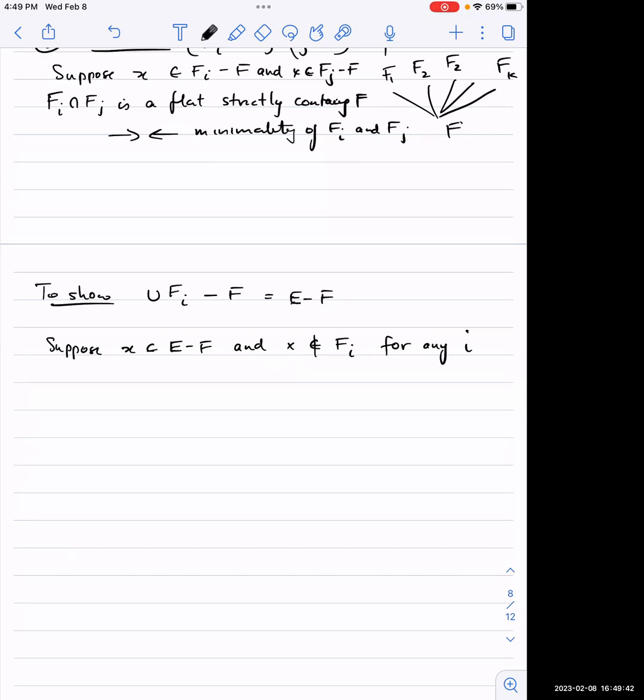So there'll be some member here, X is here, that's not in any of the Fi's.